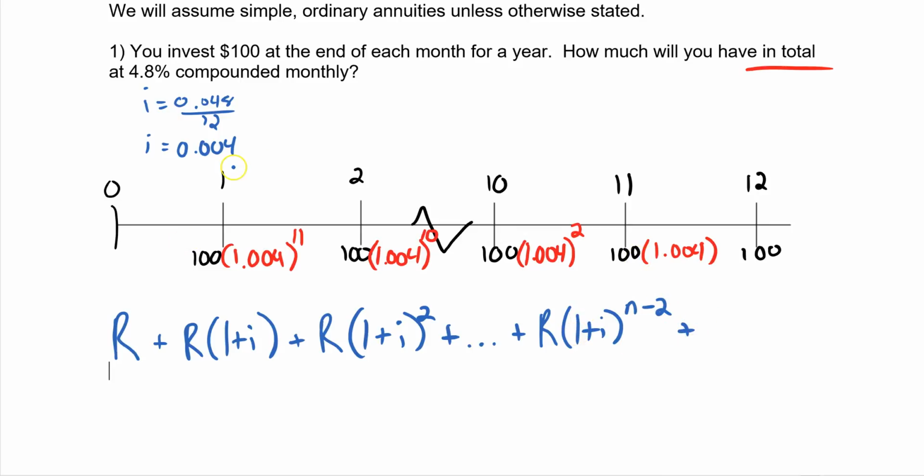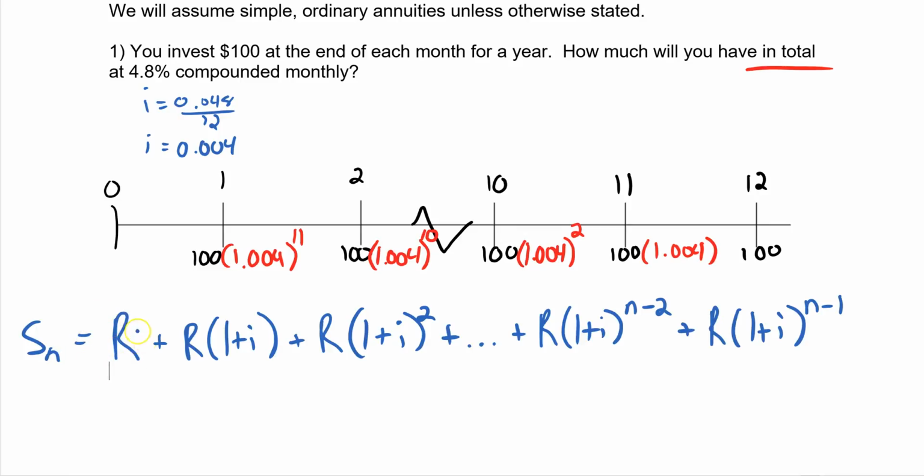And the very last payment, again of R, is going to be earning interest for the longest amount of time, and that amount of time is n minus 1 months because, again, it doesn't earn any interest for that first month. Now, you're looking at this, and this may look familiar. This is actually a geometric series.